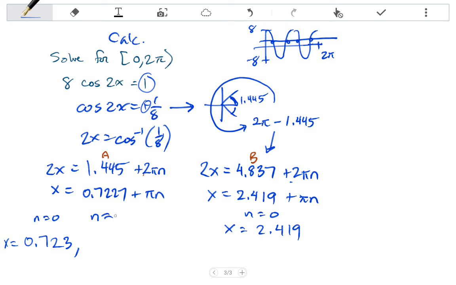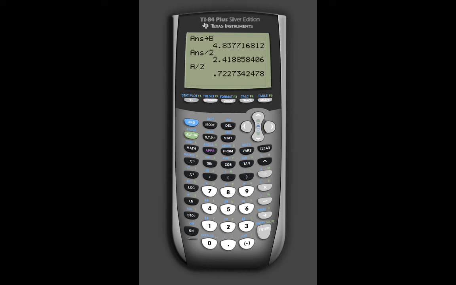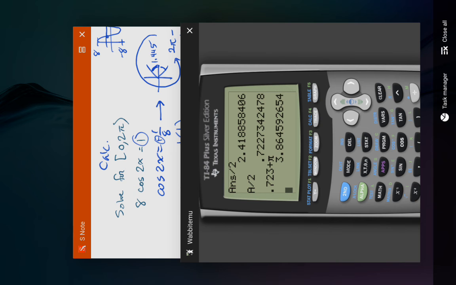Now I find my next one, and n is 1, so I'm doing 0.723 plus pi. So I do 0.723 plus pi, and we get 3.865. That's our next answer.